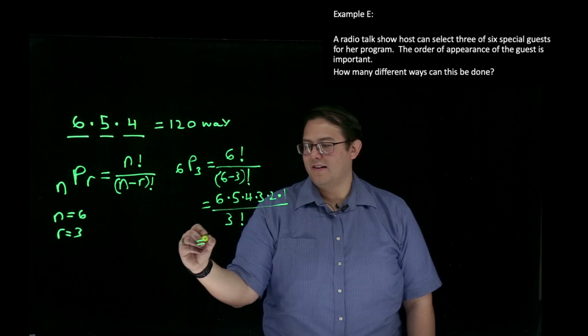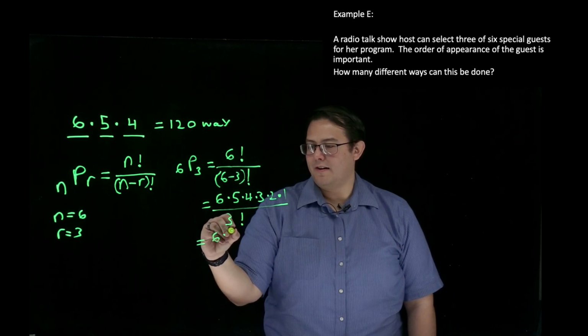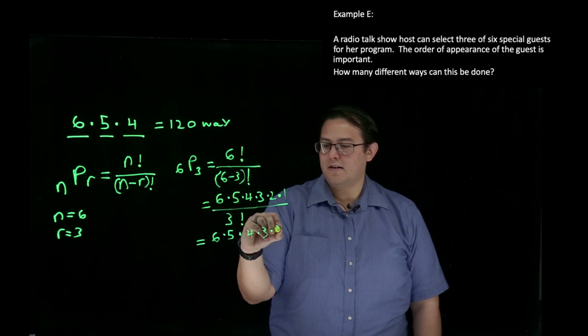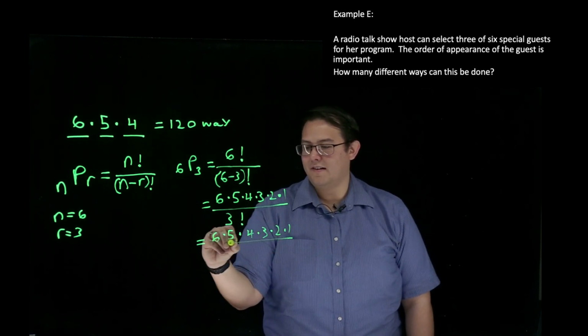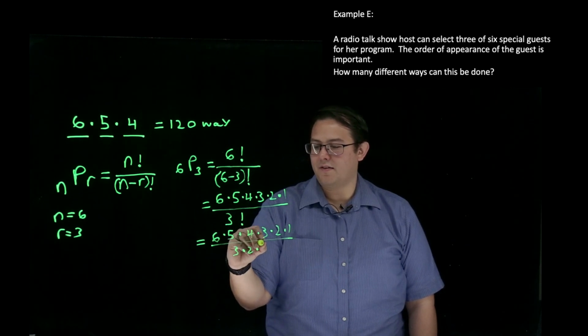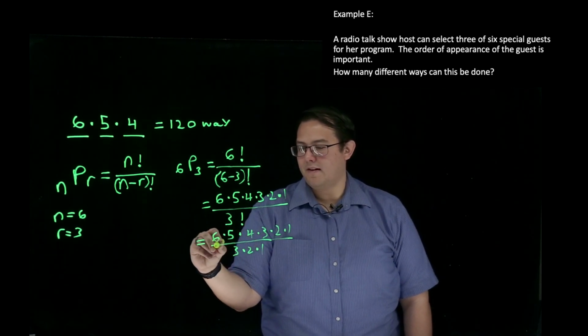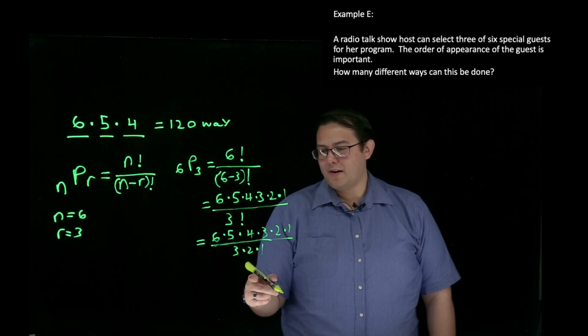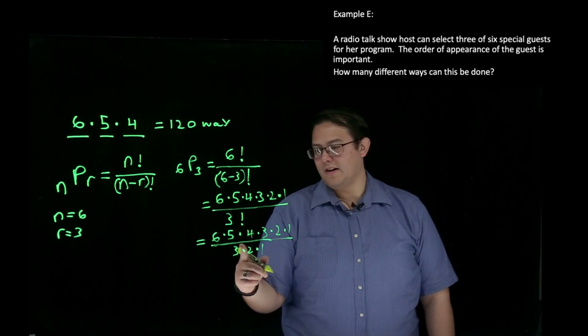And then, simplifying the 3 factorial, we get all of this over 3 times 2 times 1. If you notice, in the numerator and the denominator, you have a 3, 2, 1, and you have a 3, 2, 1.